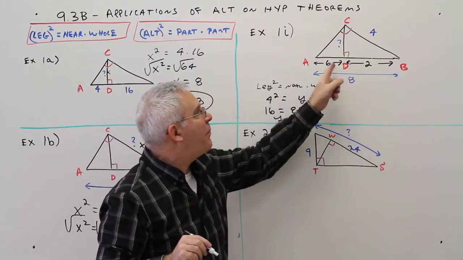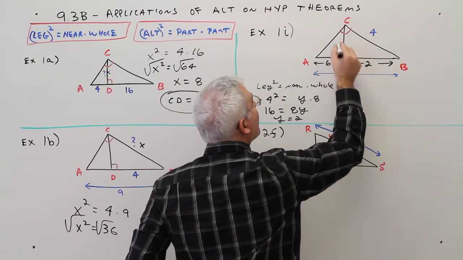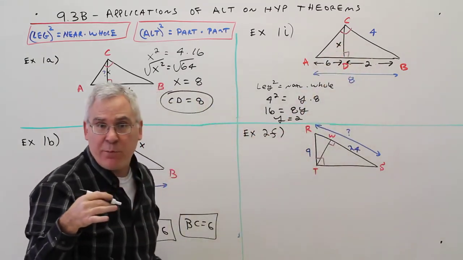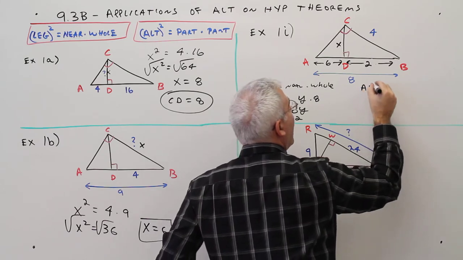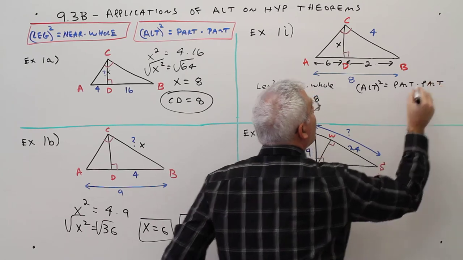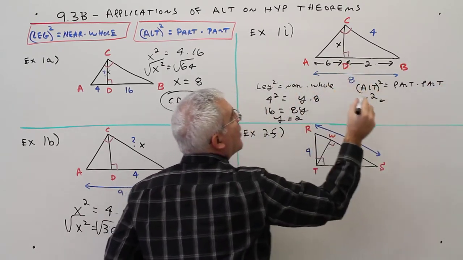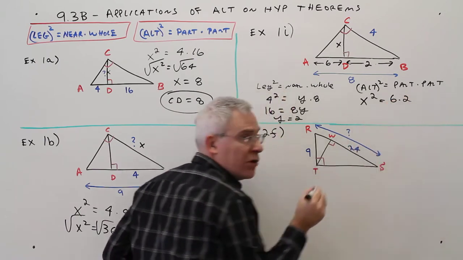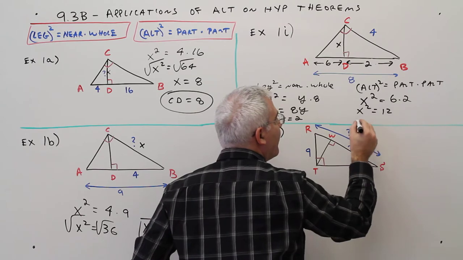Now that I've got my parts, I can go ahead and find the altitude. I'll call this x. Make sure you use a different variable so it's not confusing. And now I'm going to say altitude squared equals part times part, or x squared equals 6 times 2.